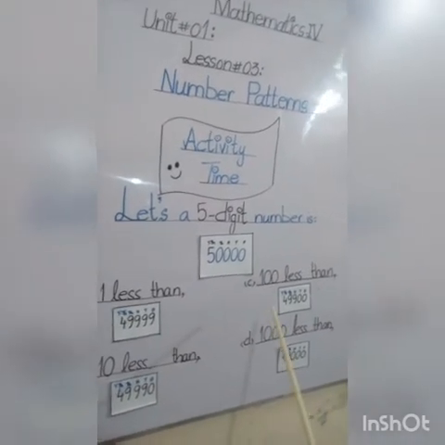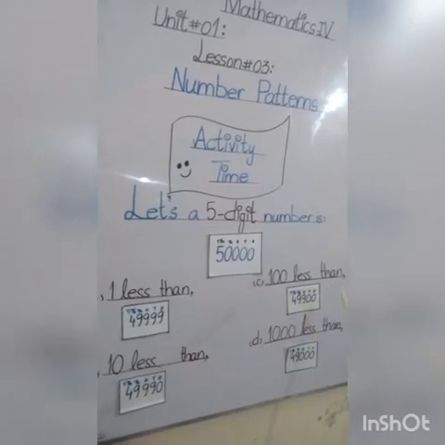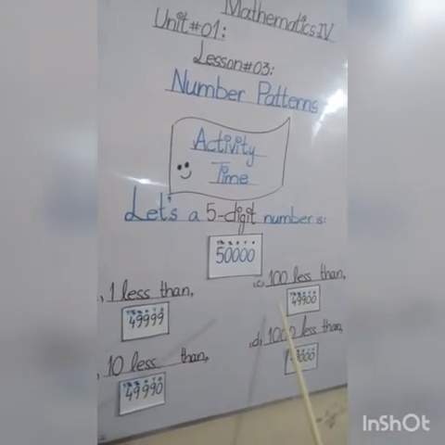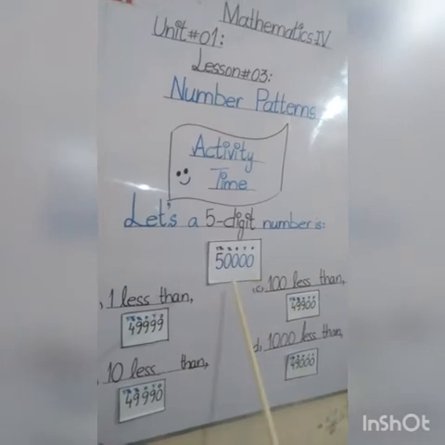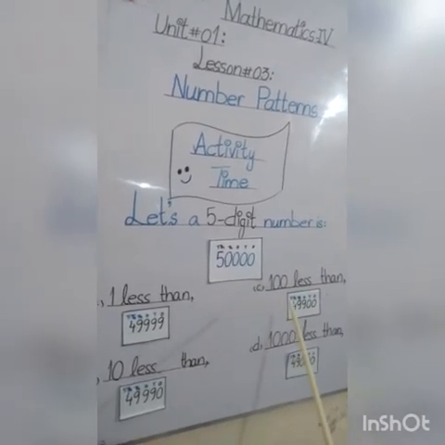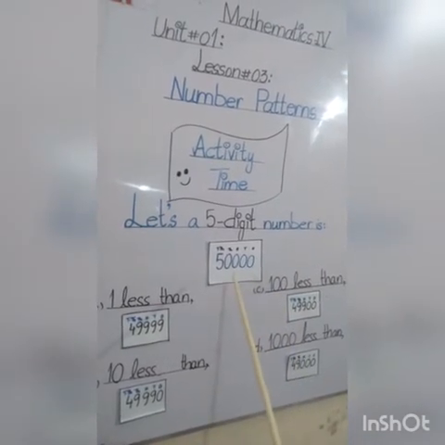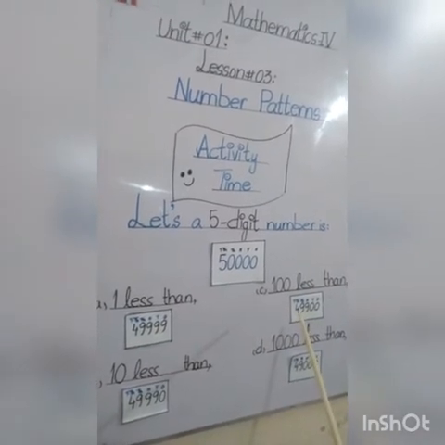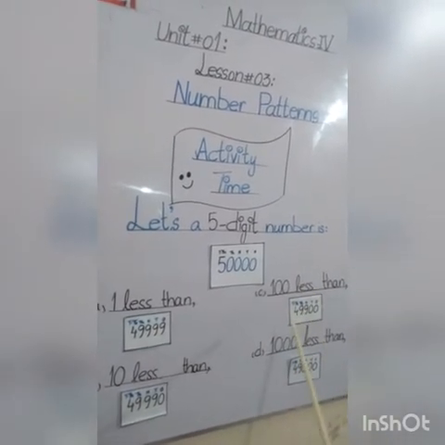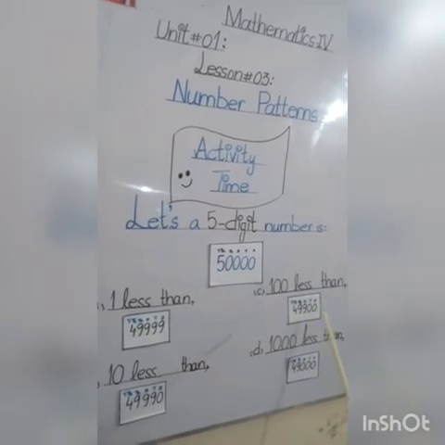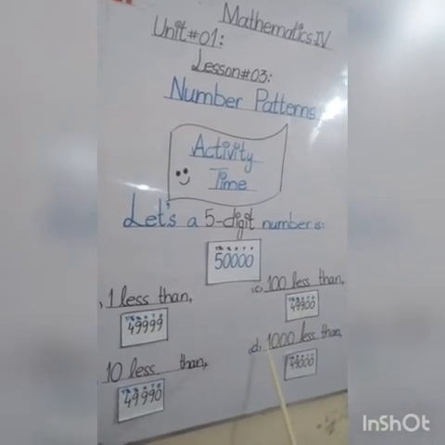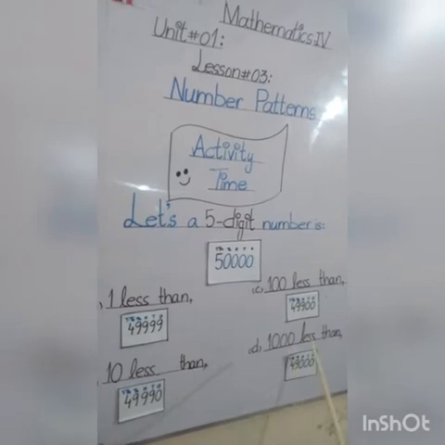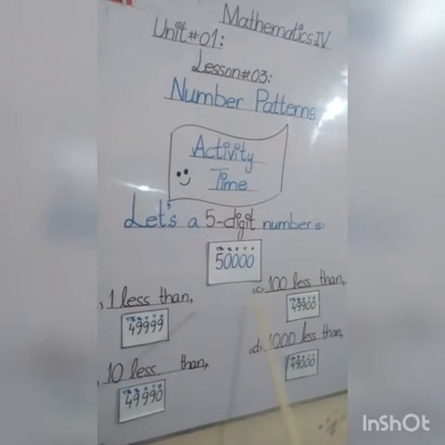And now C part, 100 less than 50,000. It means we have to subtract 100 from 50,000. And now 50,000 will become 49,900. And now D part, 1,000 less than 50,000.